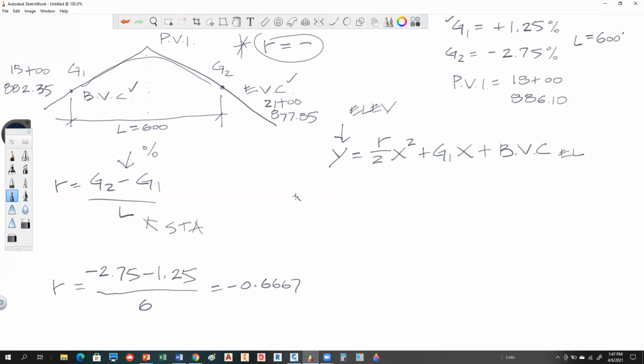So if we put what we have in there, R is negative 0.6667 divided by 2 times x squared plus G1 x.